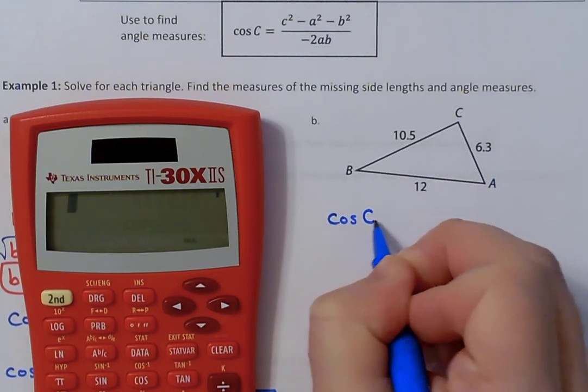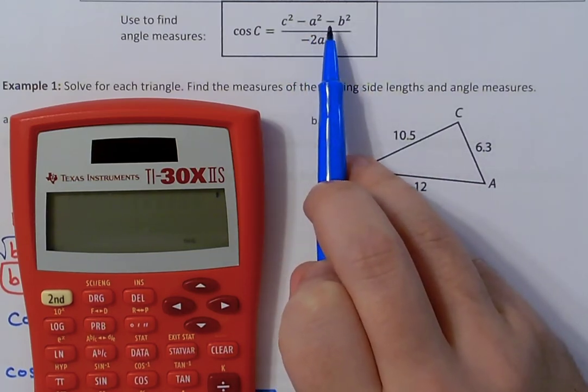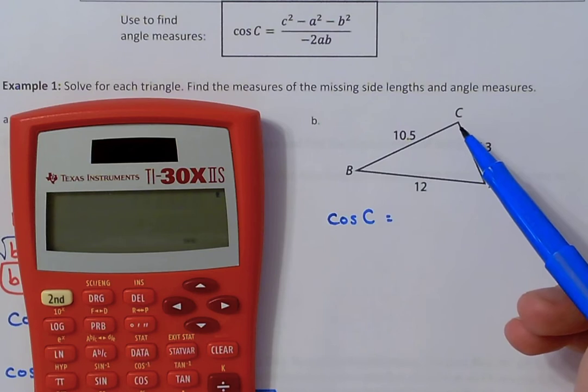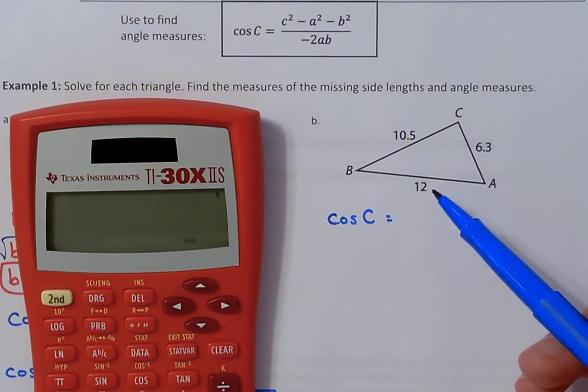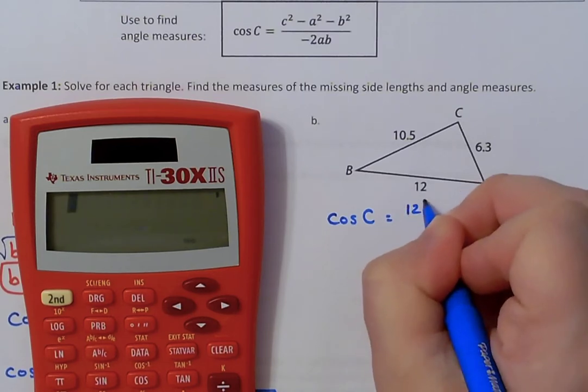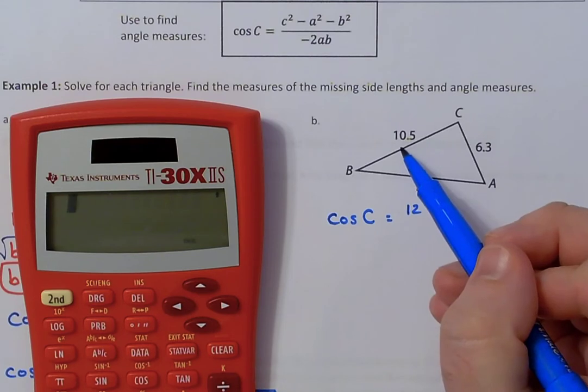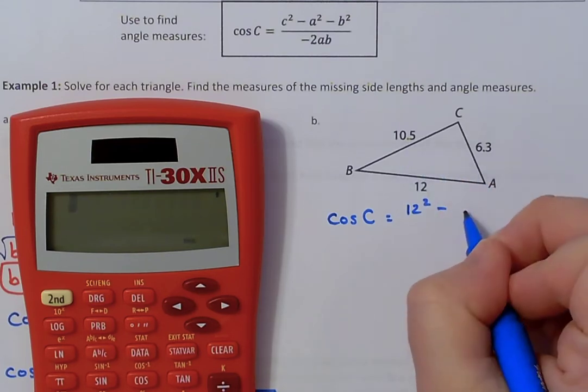So cosine C equals C squared minus A squared minus B squared. So the side C is the side opposite of angle C, which is 12. So it's going to be 12 squared minus, and then it's the other two, so 10.5 squared minus 6.3 squared.